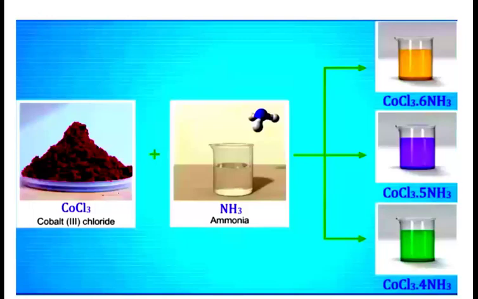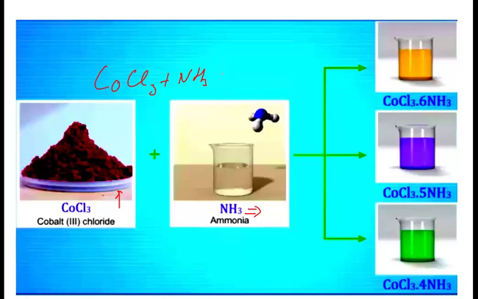When the compounds of cobalt chloride were treated with ammonia, various types of colored species were obtained. The reaction was between CoCl3 plus NH3.